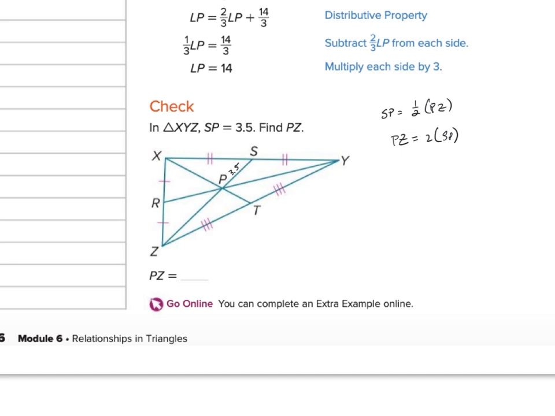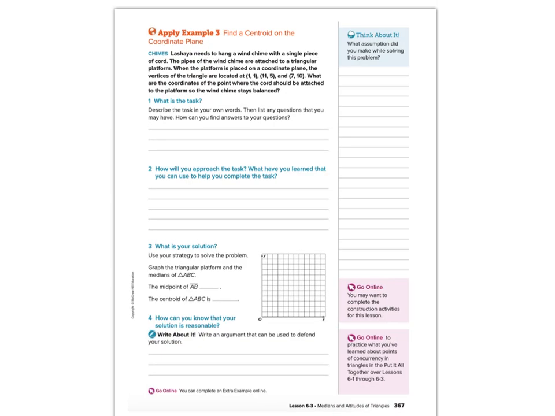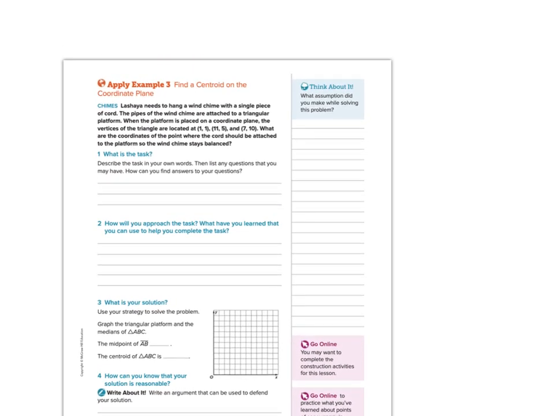So if SP is 3.5, then I know PZ is 7. There you go. Think about it. The entire length is 10.5. So again, PZ is equal to 2/3 of 10.5, which is 7, right? And that's really the big stuff that we're supposed to be focused on right now.